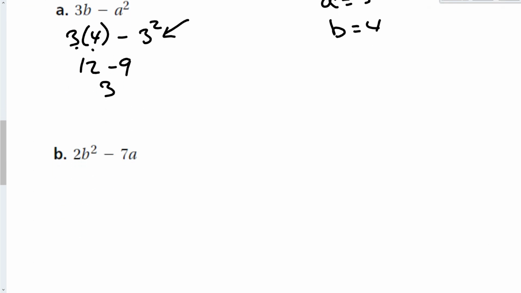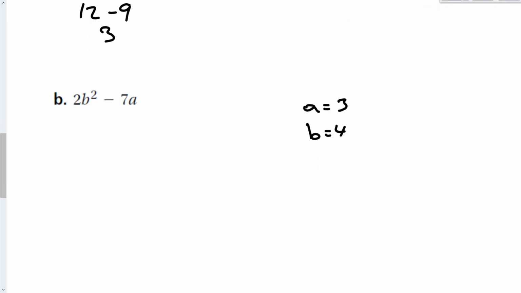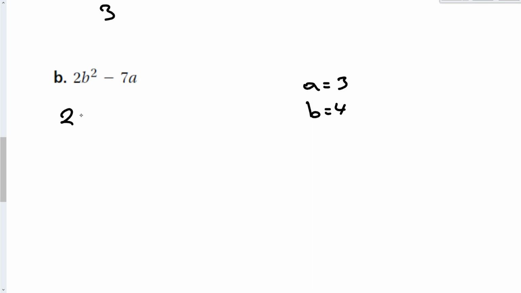Okay? Again, a is equal to 3, b is equal to 4 in part B. So we have 2 times 4 squared minus 7 times 3. Parentheses first, but notice how I wrote this multiplication with parentheses instead of with a dot or instead of with the times.